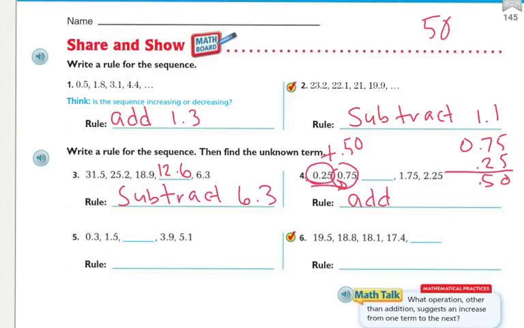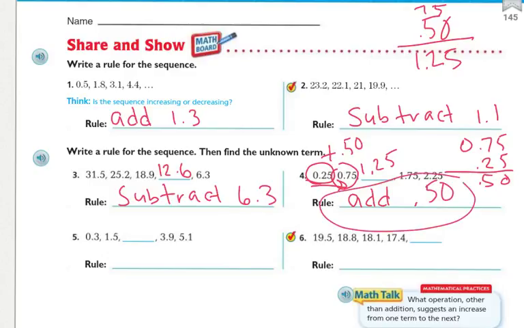So 0.50 added to 0.75. Get my 5, I get my 12, so I get 1.25. So my answer is adding 0.50, and that works because I know 50 plus 25 is 1.75, so it looks like that is in fact the answer.